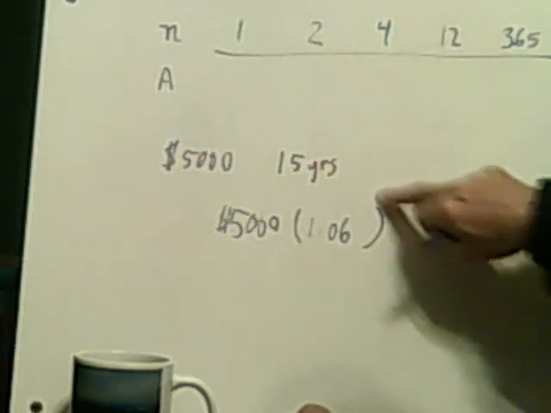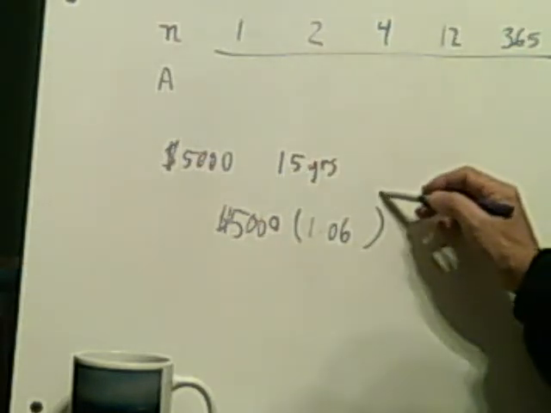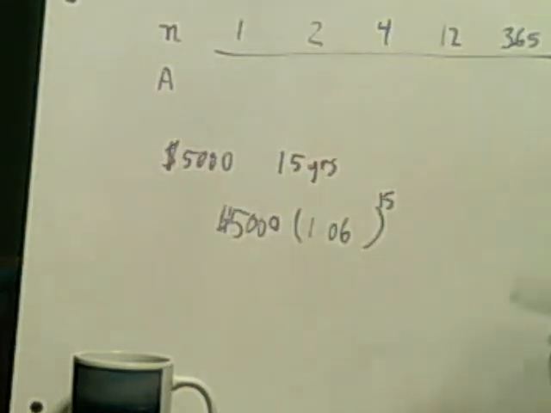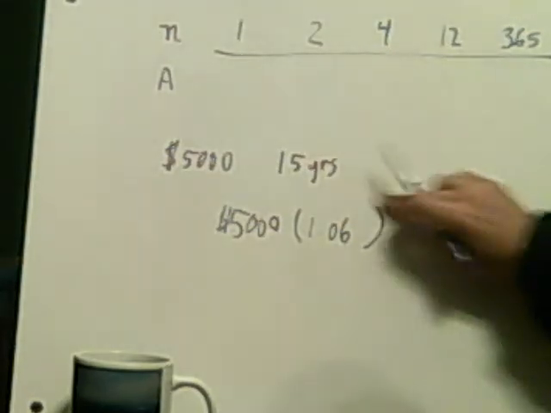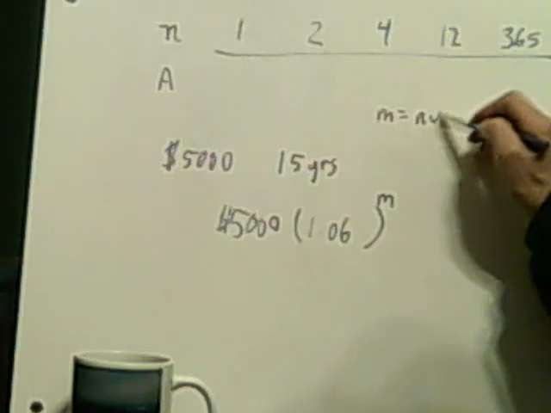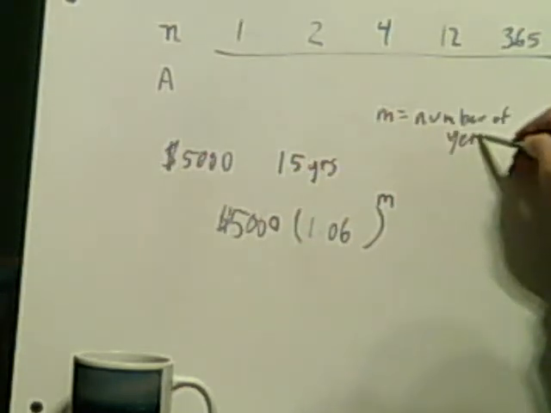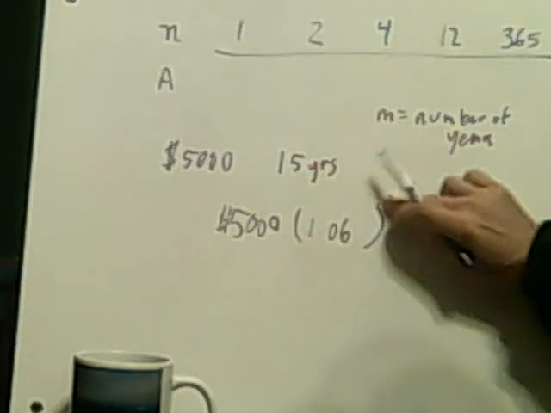Oh, well, n's a bad choice. I'm sorry. It should be the number of years, 15. It's going to be 15 in this case. So it would be m. You could call it m. M is the number of years. But in this case, it's 15 years.